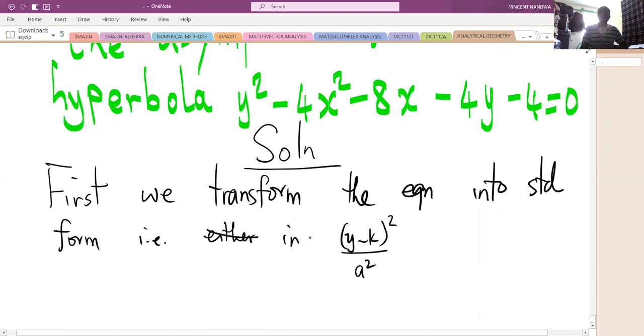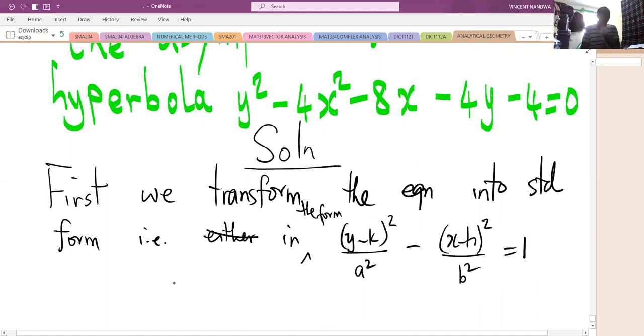In the form minus x minus h squared over b squared equals 1.